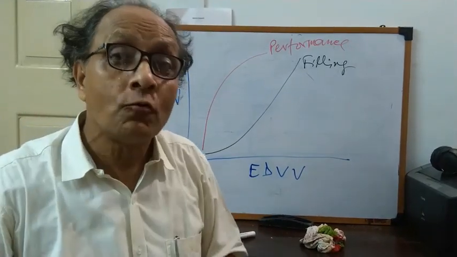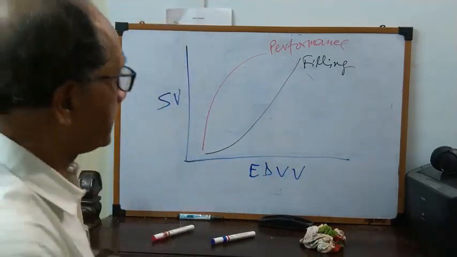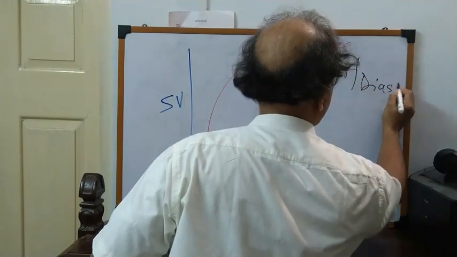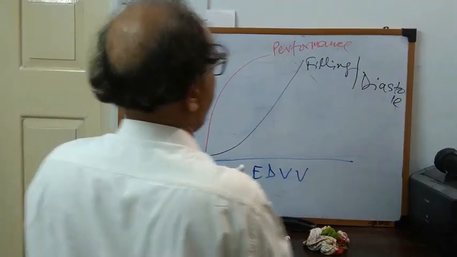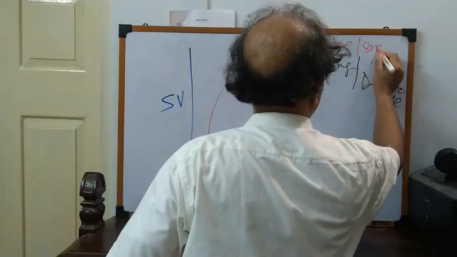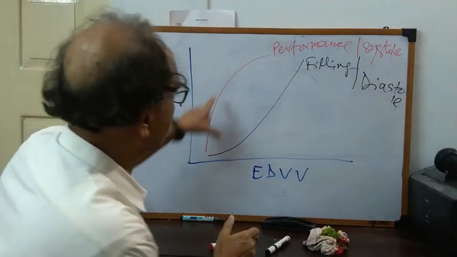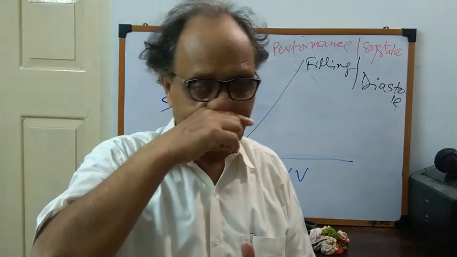Or, if I am allowed to further complicate the issue for you, instead of filling I can write diastole, and instead of performance, I can write systole. So this is the systolic function curve and this is the diastolic function curve.